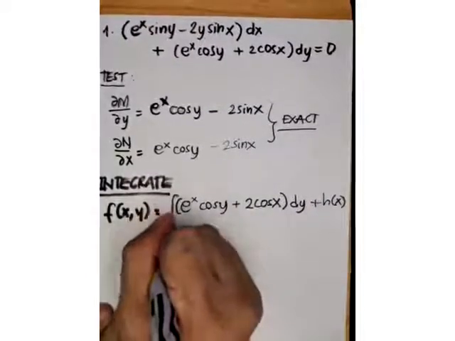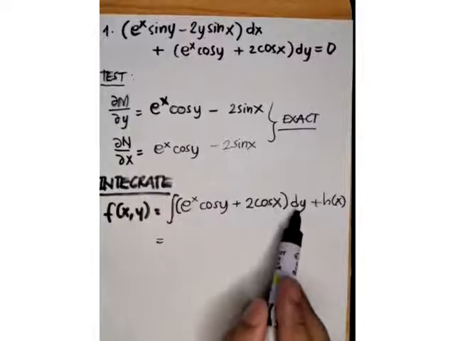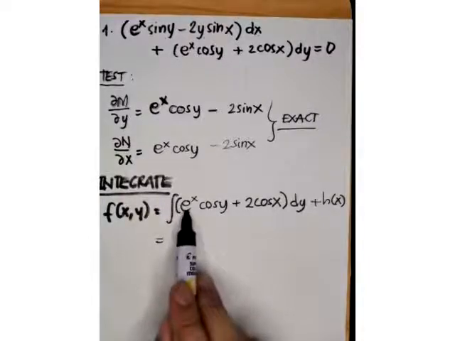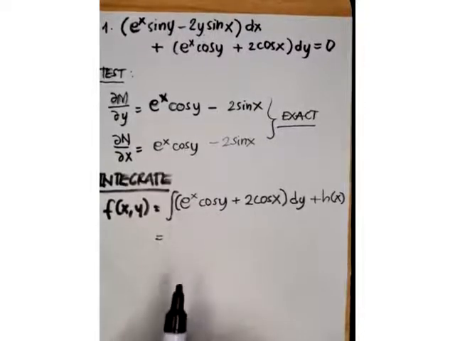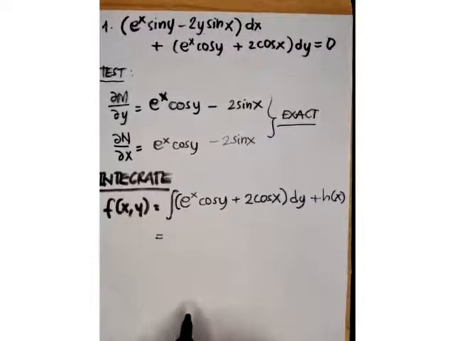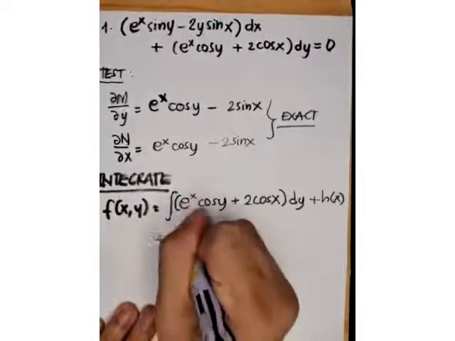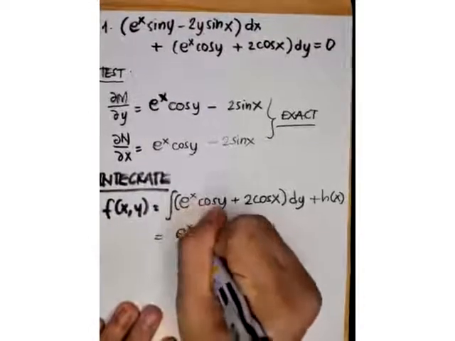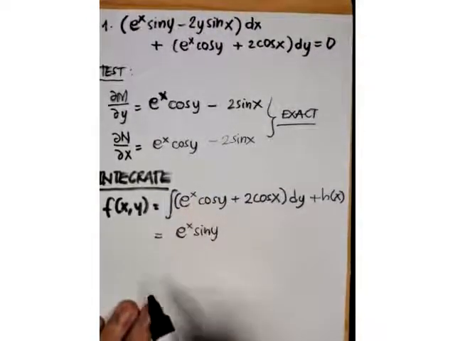Okay, so let's integrate. That means we will integrate this in terms of y, so x is constant. Ang i-integrate lang natin is cosine y. So what is the integral of cosine y? It is e raised to x sine y, since the derivative of sine is cosine.